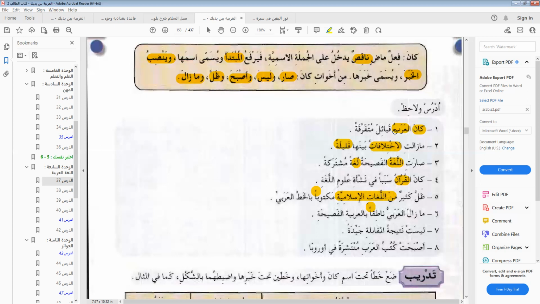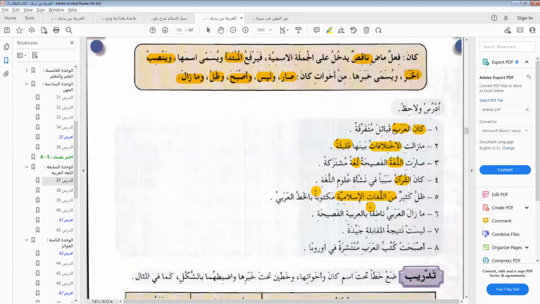Okay? Then you have dhalla. Dhalla kathirun. Dhalla means remain. To remain. That thing remained. So dhalla kathirun min al-lughat al-islamiyyati maktuban bil-khatt al-arabi. So dhalla kathirun, a lot among the Islamic languages, maktuban.